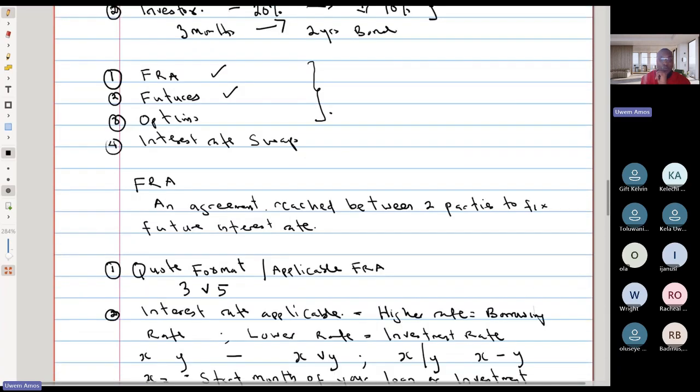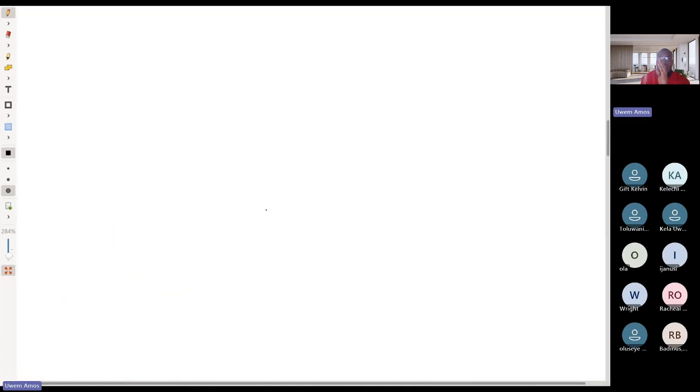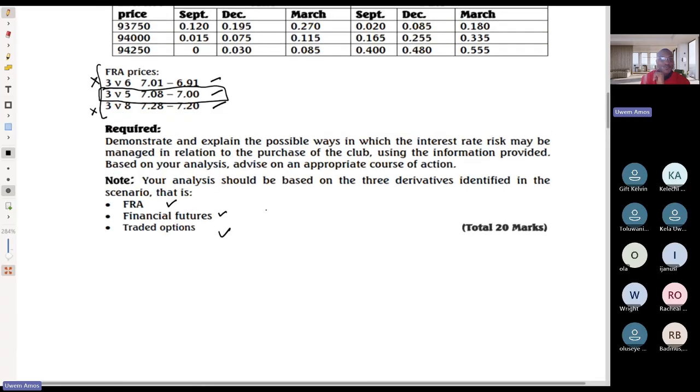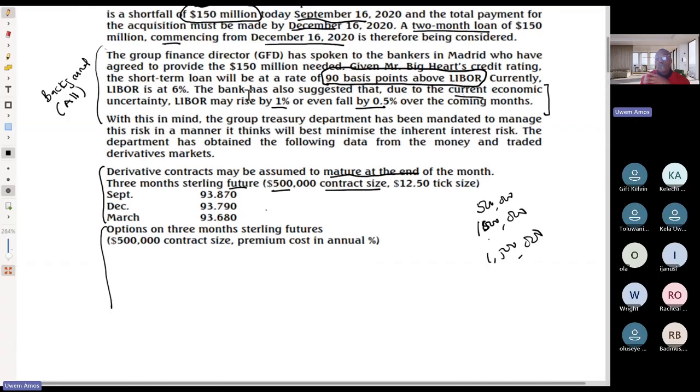Which one are we meant to buy when we go to the derivative futures market? So we go into the market and say we want to protect ourselves. Mr. Big Heart wants to protect himself against adverse movement in interest rate. And they say in this market we have September, December, and March futures. So which one do we buy?